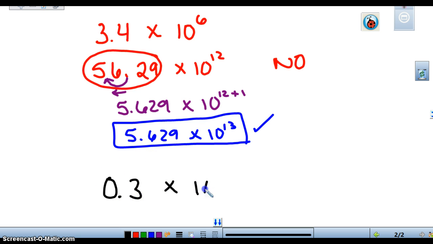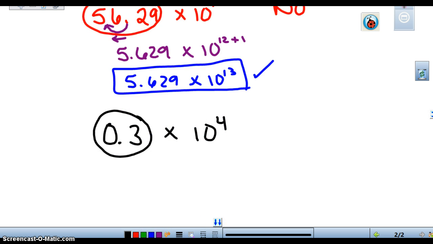So let's say, for example, we had 0.3 times 10 to the 4th power. Would this be in correct scientific notation? Okay, let's take a look at a. Is this number somewhere between 1 and 10? Is it 1 or anywhere less than 10? No. So because of this number, we need to move the decimal point to the right or to the left?